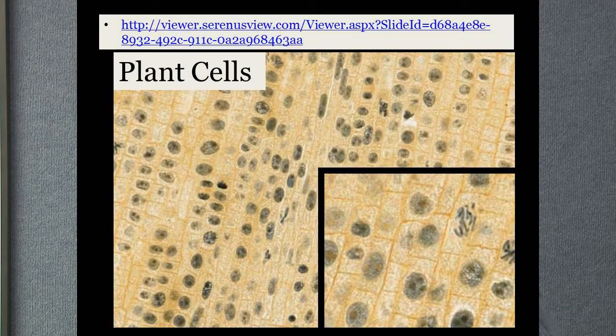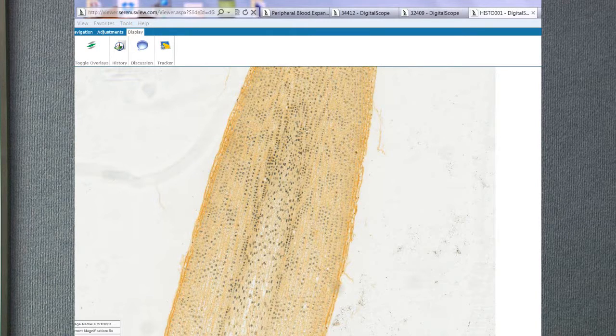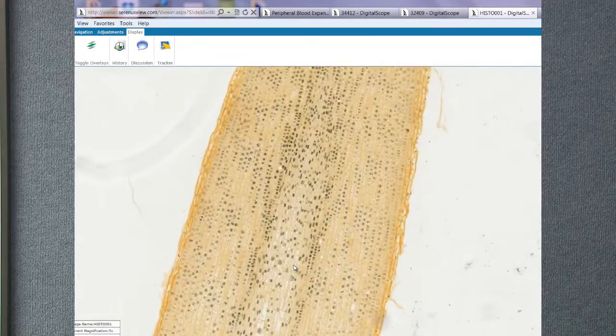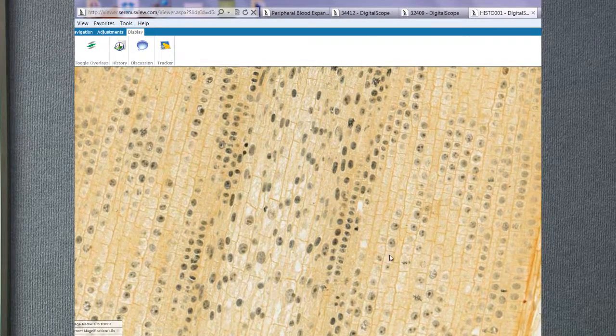Now we want to look at some different cells, and I hope that your teacher will go to this site to be able to look at these on your microscopes itself. So we're going to click here to look at some plant cells. So you can see these on your microscope yourself. You see how the image comes up very quickly, and this is a plant cell that we can see.